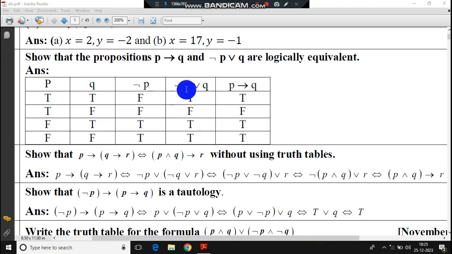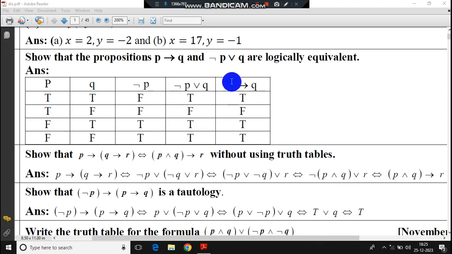And last, if negation P is true and Q is false, then applying our formula, the final result is true. Thus we can find the truth values of negation P or Q.